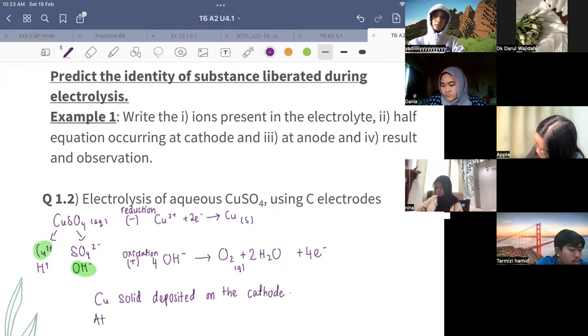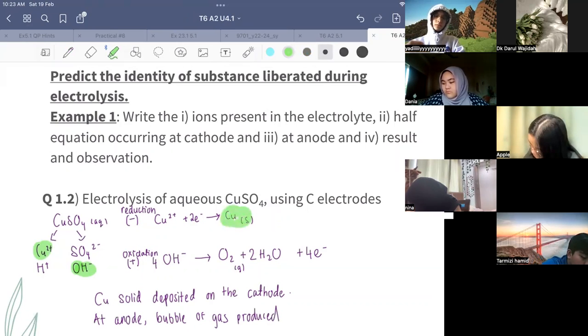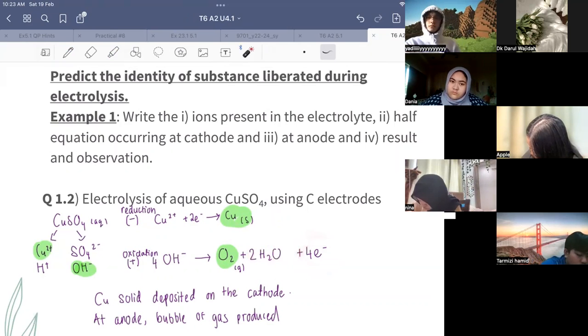At the anode, bubbles of gas are produced. Our observation should be on the elements. You cannot possibly see H2O being produced because it is in solution, and you don't see electrons.